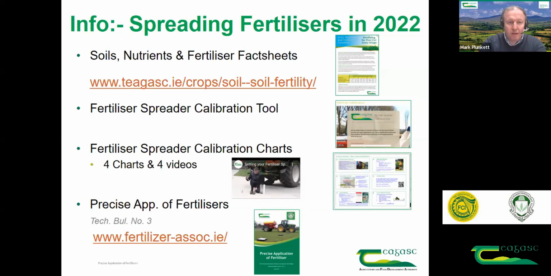Francis Quigley also has a fertilizer spreader calibration tool that's available on the Teagasc website, on the Soil and Soil Fertility website under fertilizer spreaders. There are also 4 charts and 4 videos, from calibration to evenness to fertilizer quality to fertilizer technologies. Also, the Fertiliser Association of Ireland has a technical bulletin that it produced a number of years ago, available on their website under technical bulletins. It's the precise application of fertilizer.